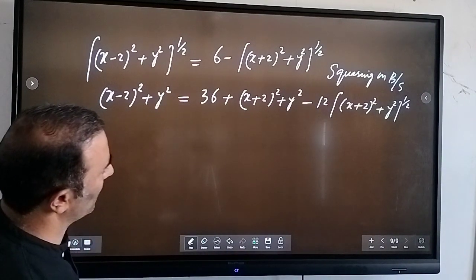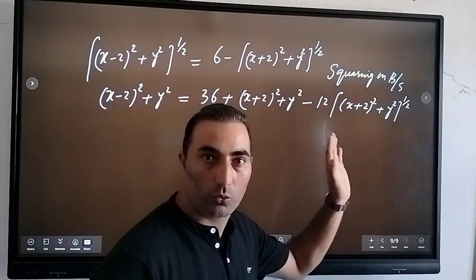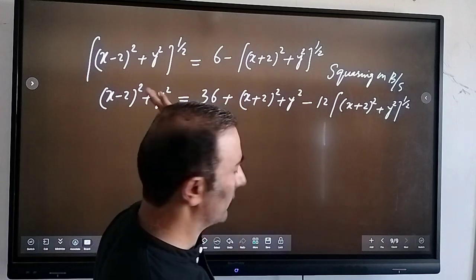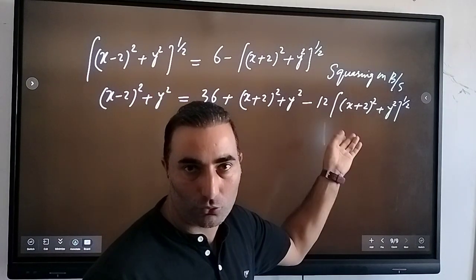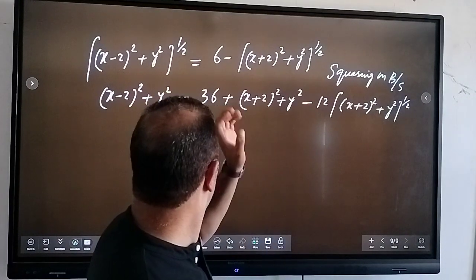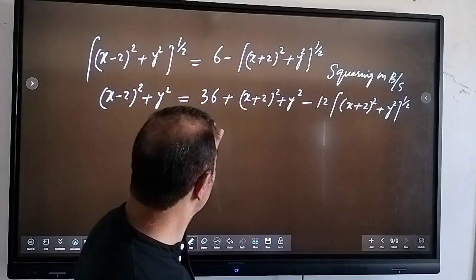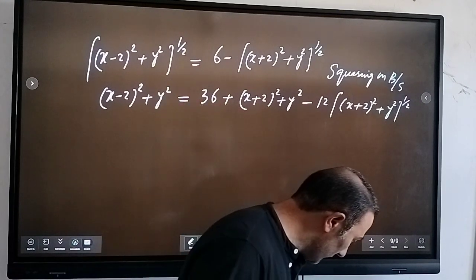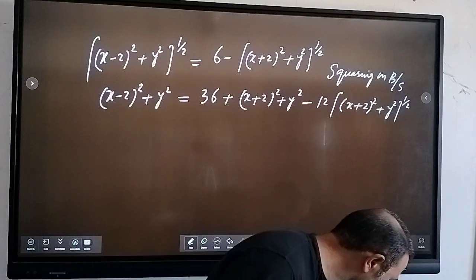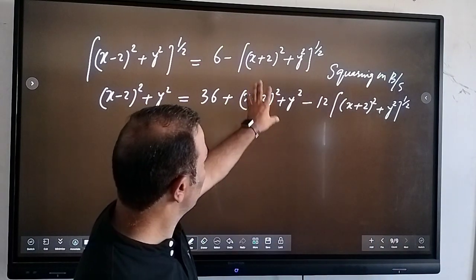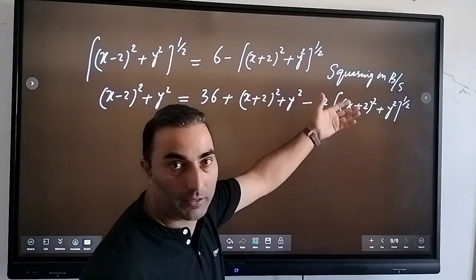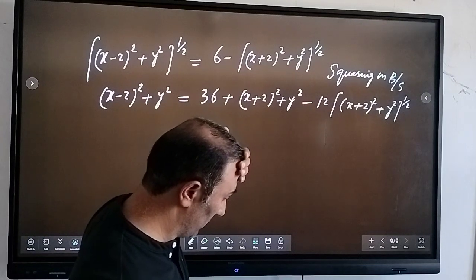So what I did here, I simply did squaring on both sides. Because we have a square root, our left hand side will be simply (x minus 2) whole square plus y square. And similarly, our right hand side will be 36 plus this term squared, then minus twice a into b.